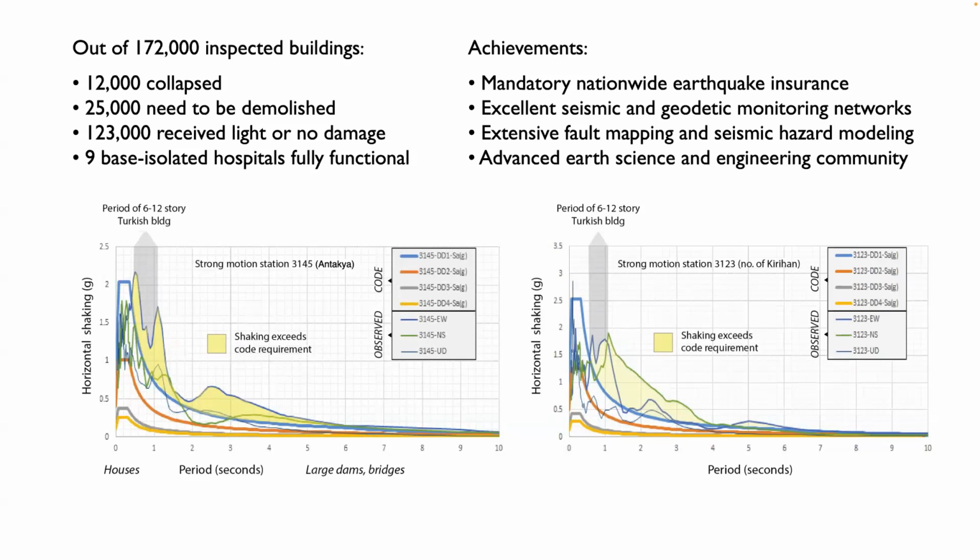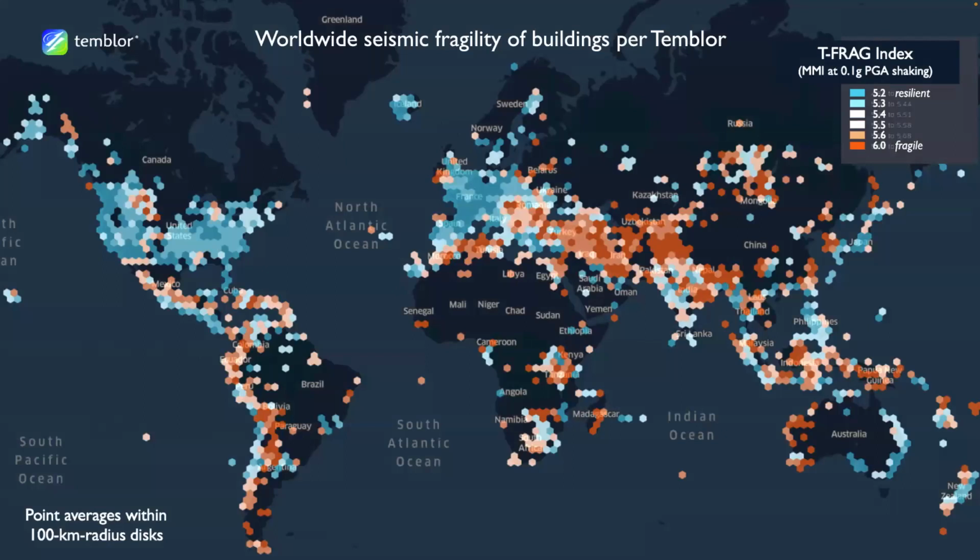And this isn't just Turkey's problem. This is the world's problem. So let's ask ourselves the question, how do Turkey's buildings stack up worldwide? Now, that's a difficult question to answer, but it's one we must address. So here's Temblor's view of building fragility.